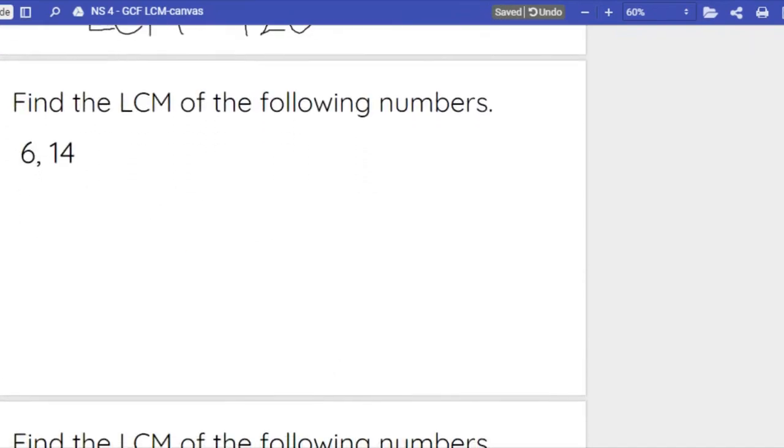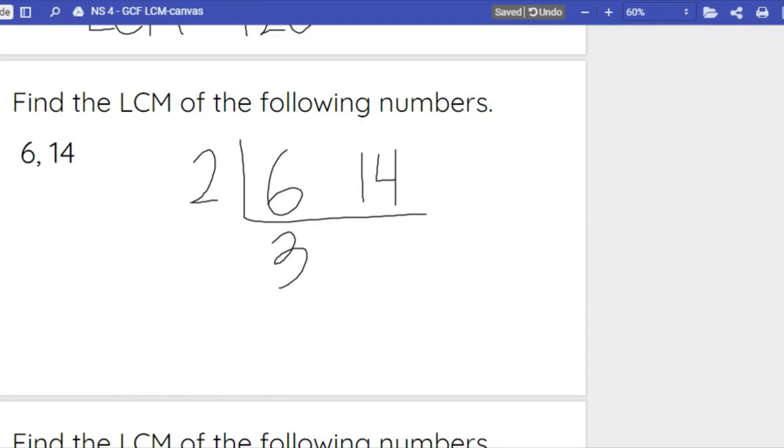Okay, try this problem. Okay, we have 6 and 14. Draw my ladder. A common factor of 6 and 14. I'm going to pull out a 2. 6 divided by 2 is 3. 14 divided by 2 is 7. 3 and 7.